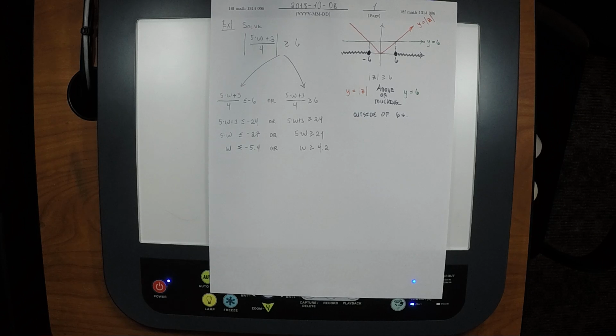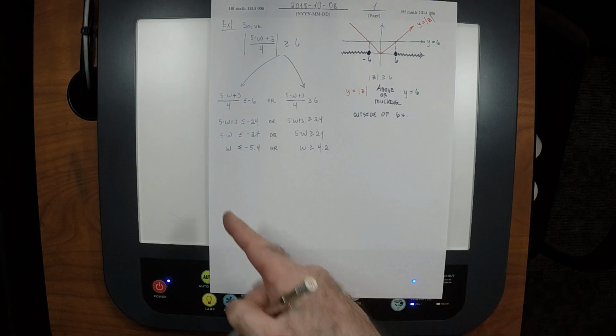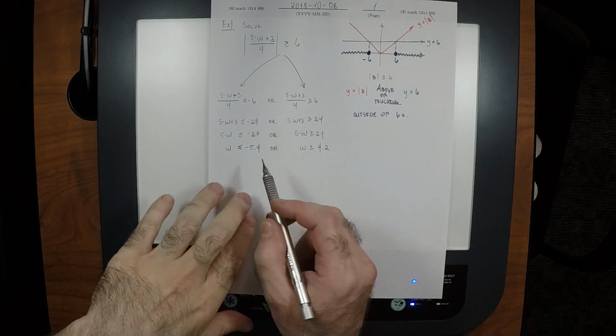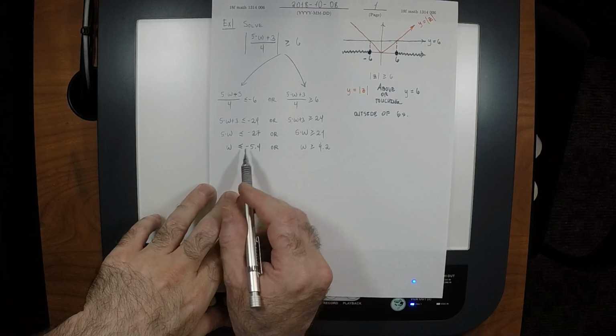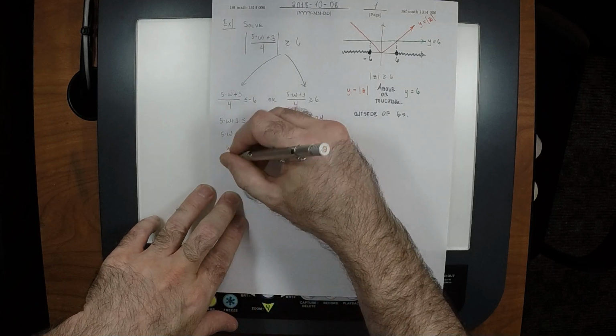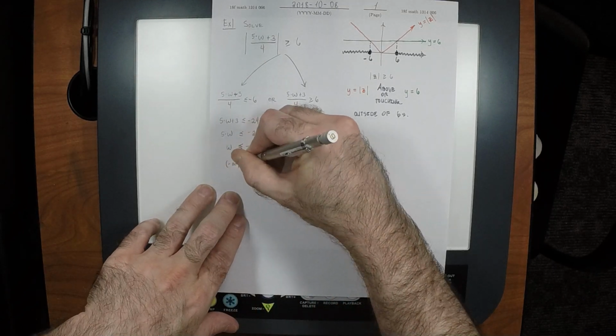All right. So now, writing these in interval notation, how can we write this answer in interval notation? How do we write that bit? Very good.